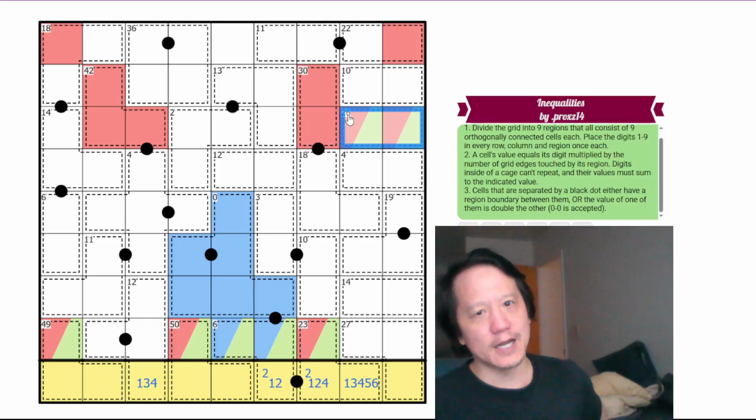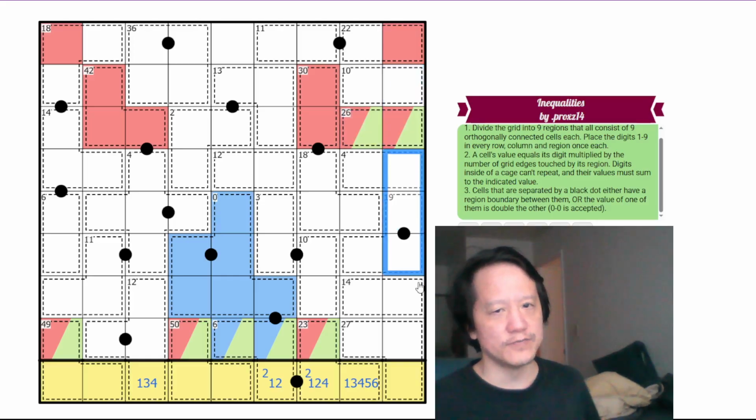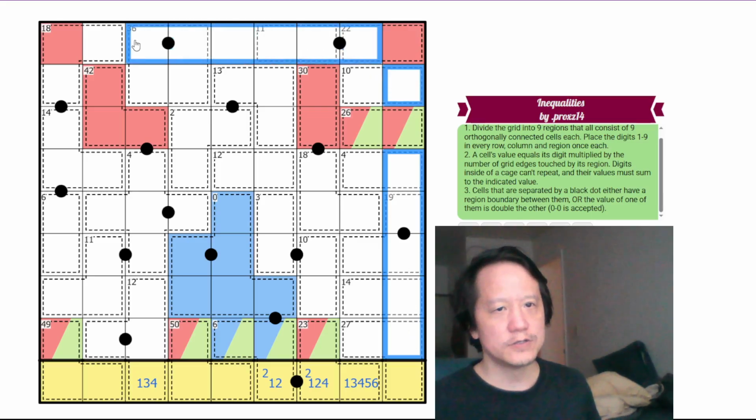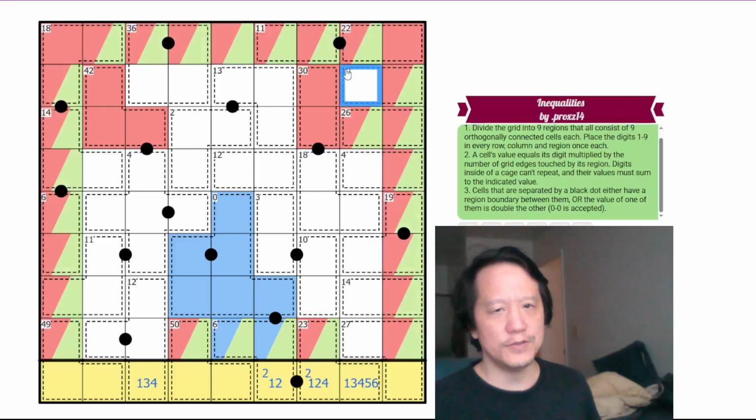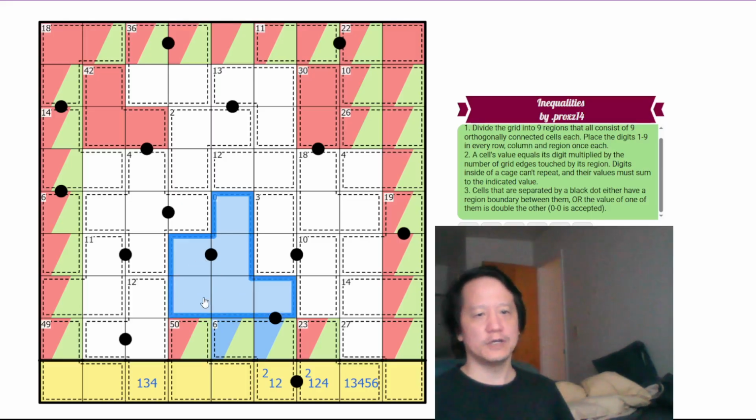You cannot have with a 0. So this is 2 definitely here. This is 2 or 1 here. So obviously none of these can be 0. So these have to be green or red. This must be green or red because it can't be a 0 region like this.